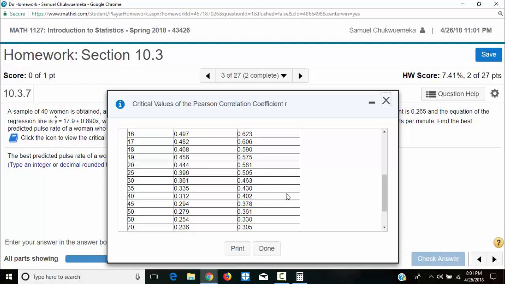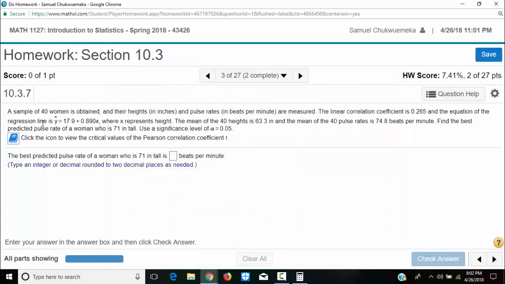If the critical value of the correlation coefficient is greater than the absolute value of the correlation coefficient, then there is no linear correlation between the variables. And in the case where there is no linear correlation between the variables, you don't use the regression line to predict the response variable.